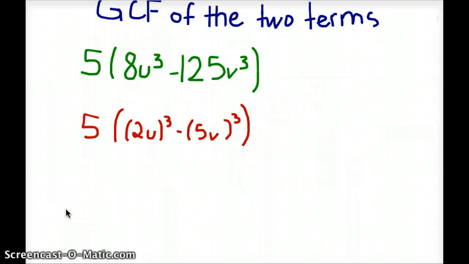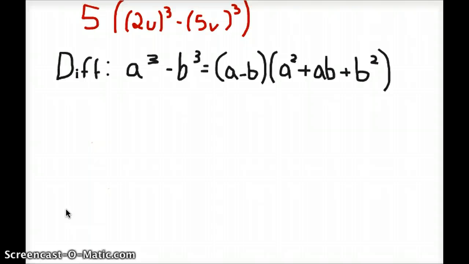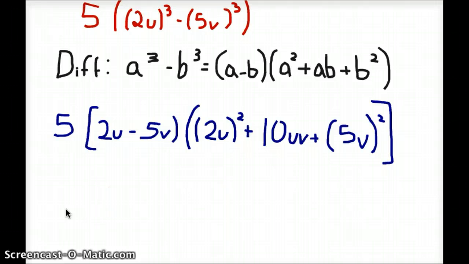So then after factoring out the 5, you can use the difference of two cubes formula. And just in case you forgot, here's the difference of two cubes formula once again. So the next step would be plugging in a and b into the equation, and once you do so, your new equation should be (2u minus 5v)(2u squared plus 10uv plus 5v squared).